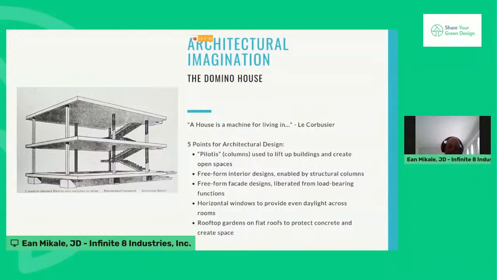And so Le Corbusier said a house is a machine for living in. And the 5 points of architectural design that he emphasized through this Domino House structure is, one, to lift the building up off of the ground, which at the time wasn't necessarily a revolutionary concept.